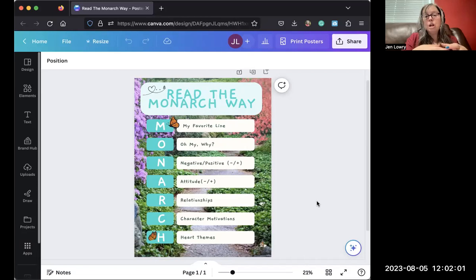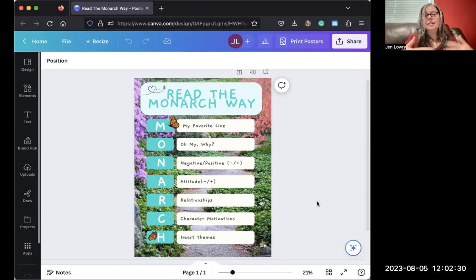Because that's where you're going to start to pattern out how a character in their relationships with self and others is growing, changing, evolving. So it's really cool if you focus in on relationships when you're reading, especially if you're trying to see how a character develops over time. How did they start and then how do they end up? If you mark those little things, it'll help you with your memory.